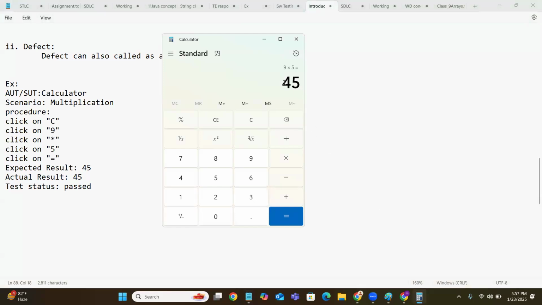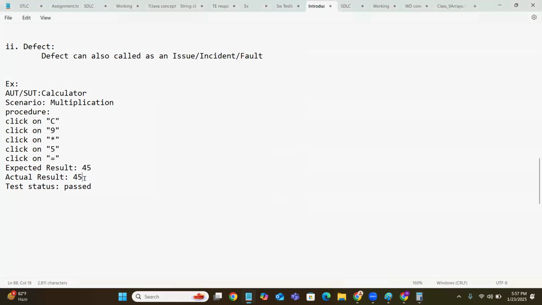Let us assume that instead of 45, we got the 14 here. Assume that 14 we got. So you are expecting 45, but we got the 14. Assume that 14 is the actual result. Then, so what is the status?